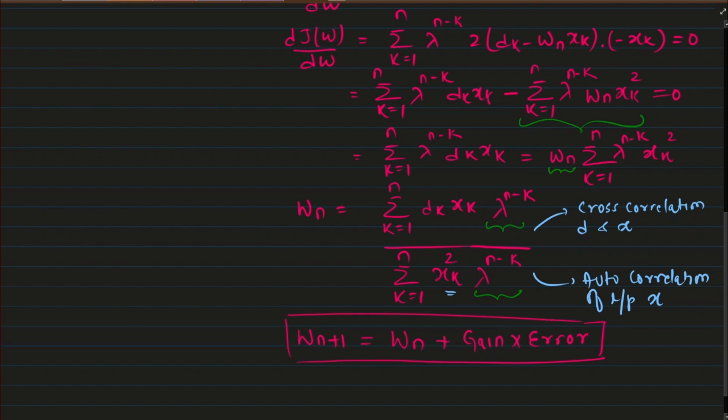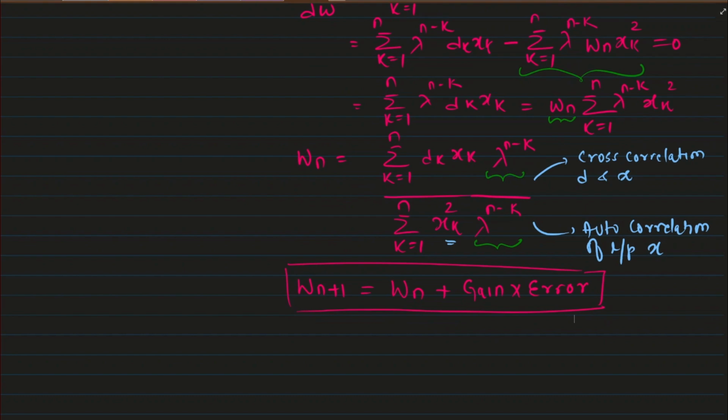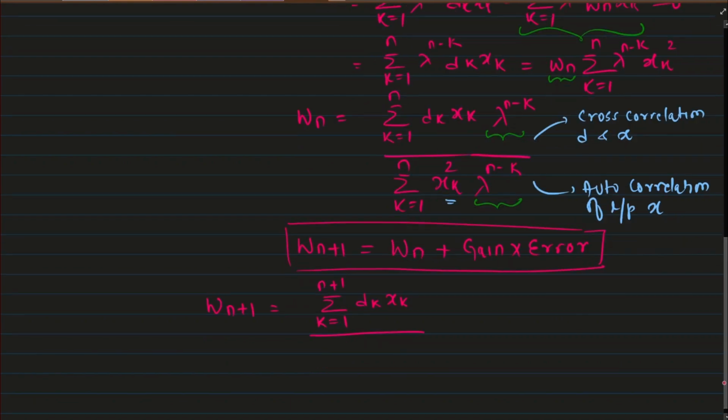So can we put this weight calculation formula in a recursive form? Let's see. What will be the next weight, w(n+1)? It'll be the sum over k from 1 to n+1 of d(k) x(k) in the numerator, and in the denominator again the sum from 1 to n+1 of x(k) squared.